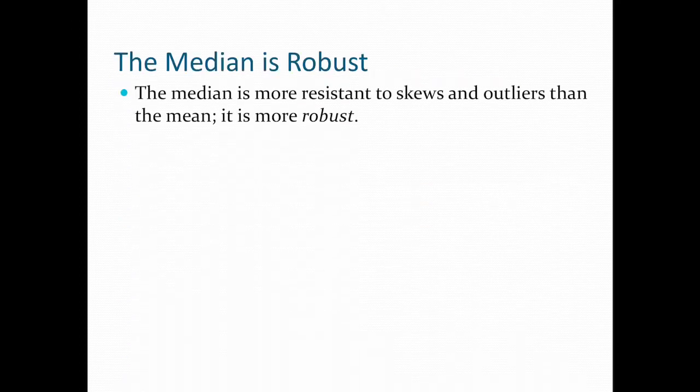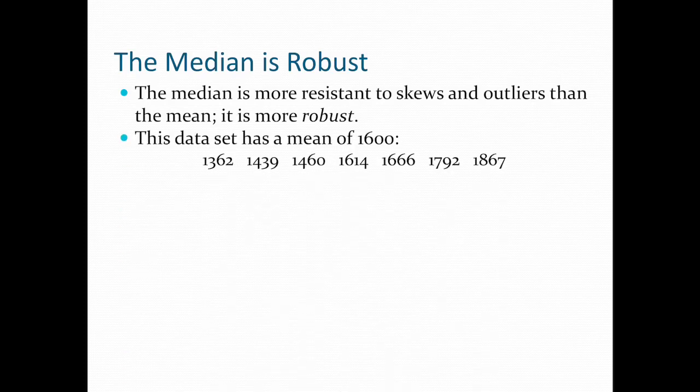The median is robust, and what we mean by this is that it's more resistant to skews and outliers than the mean. So if you had a data set, let me show this data set here, from 1362 to 1868, it has a mean of 1600, right?